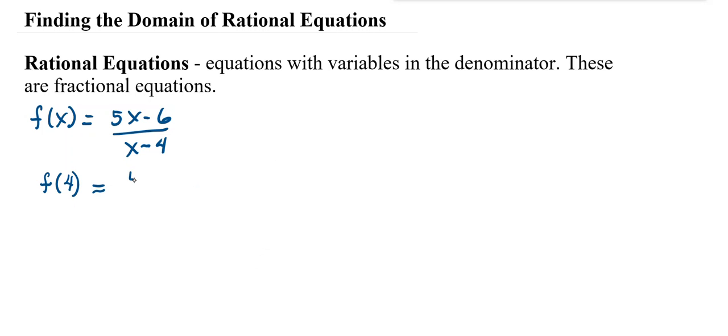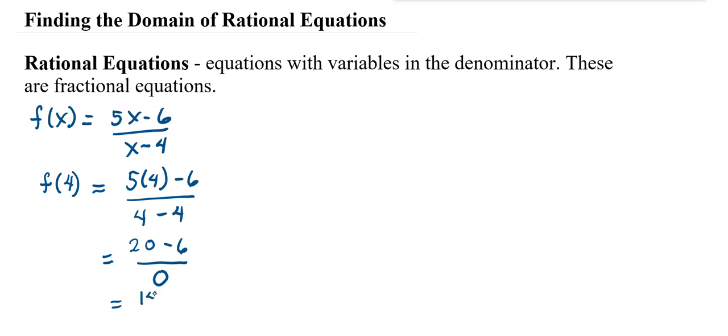So we have 5 times 4 minus 6 over 4 minus 4. So what's going to happen in the denominator is we're going to have 4 minus 4, which is 0. So let's evaluate the top. That will be 20 minus 6, and 20 minus 6 is 14.